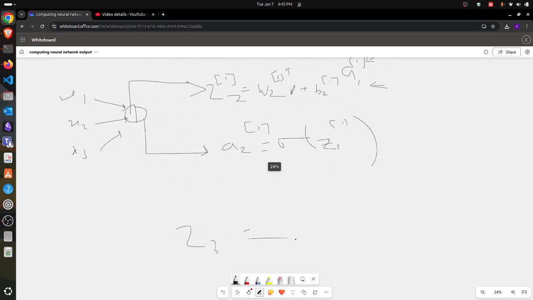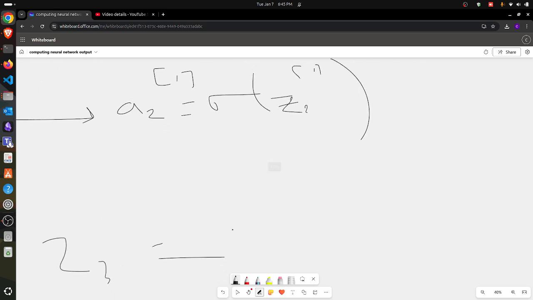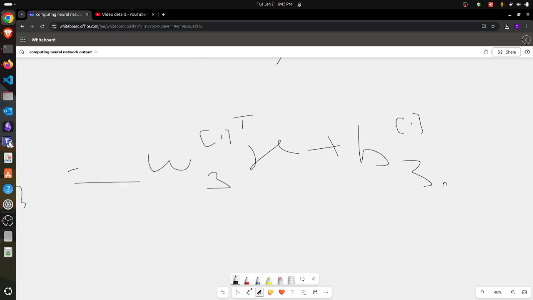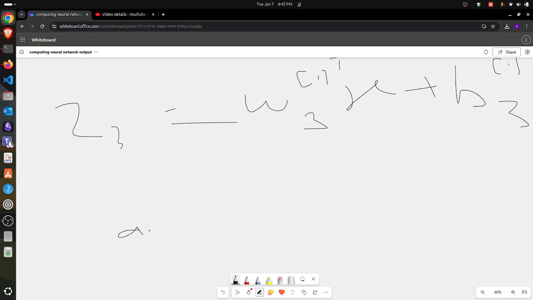Z3 is equal to W3 X plus B3, and we're going to have the similar thing with A3.